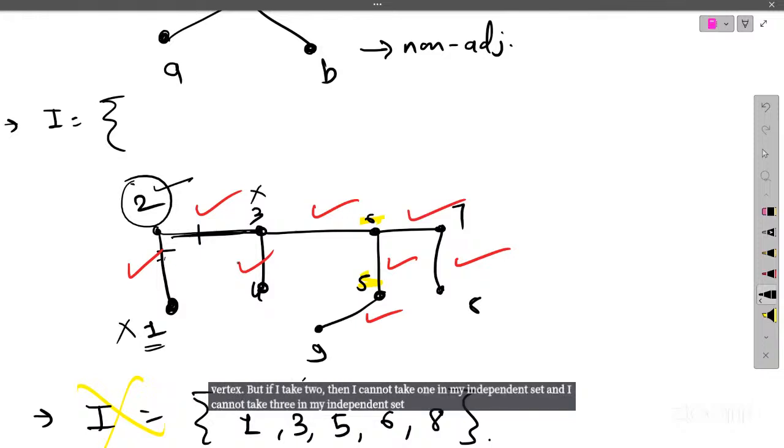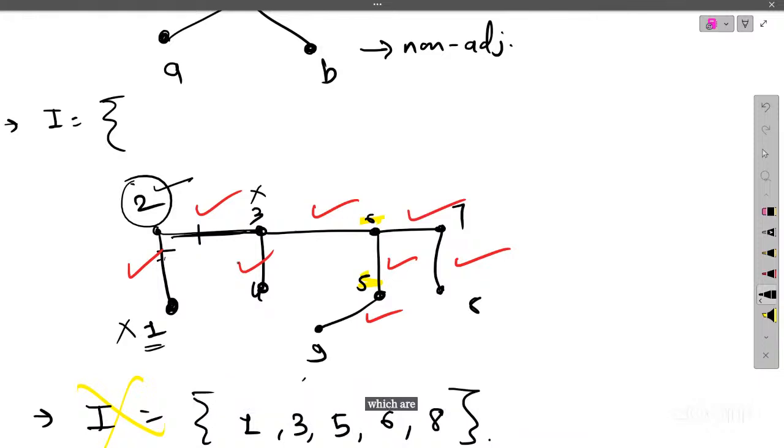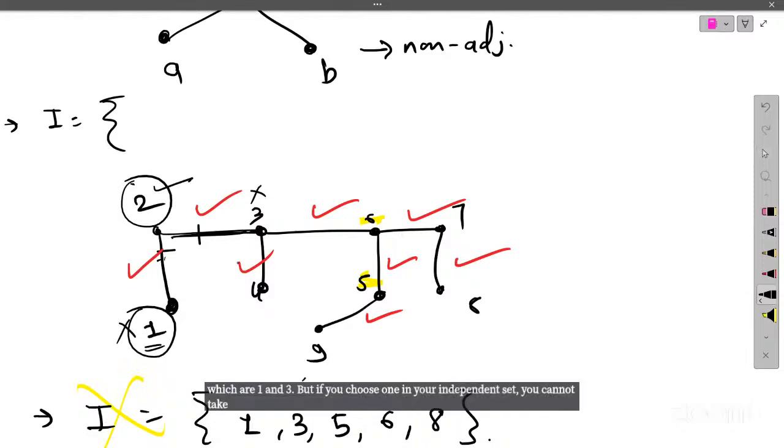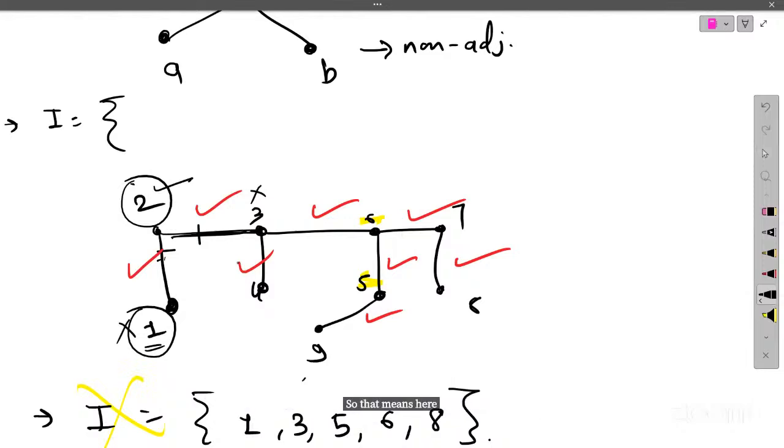So choosing 2 will reduce the number of vertices by 2, right? If you choose 1, you discard only one vertex. So we have a benefit by choosing 1 and not choosing 2. So it's better to start with vertex number 1.